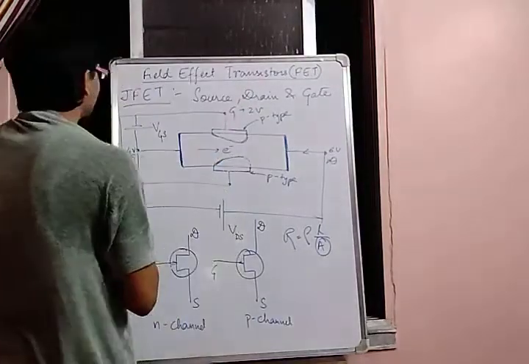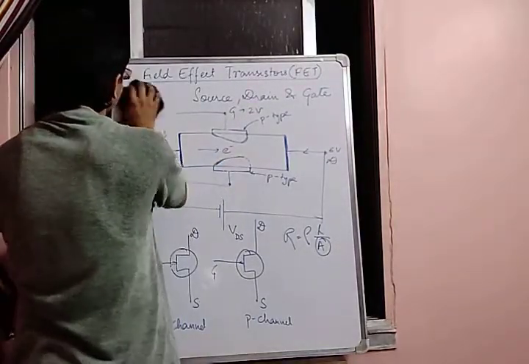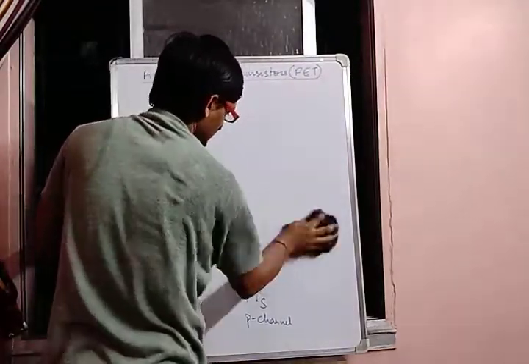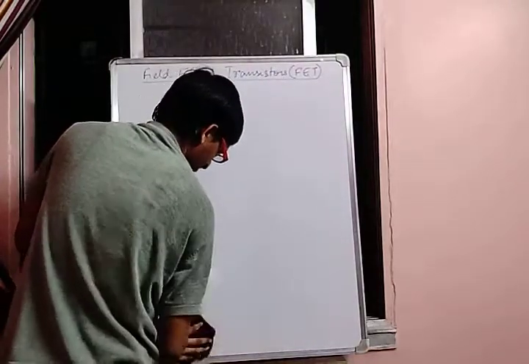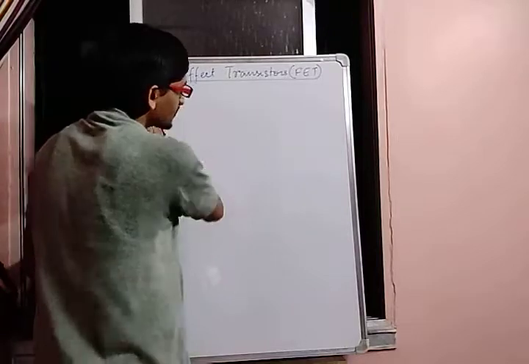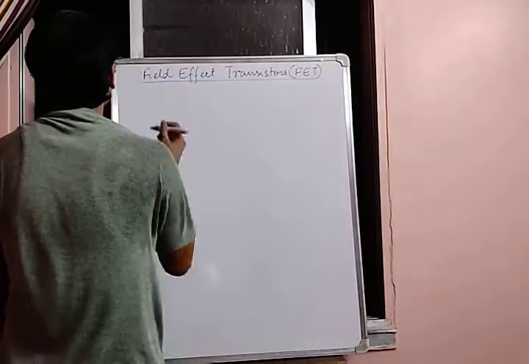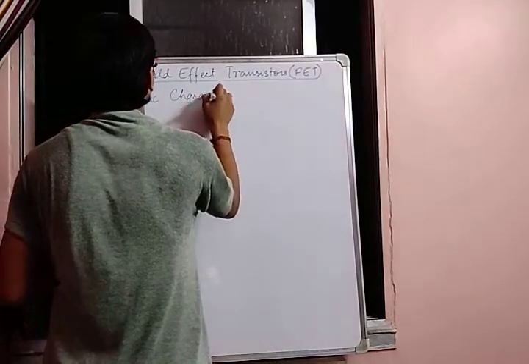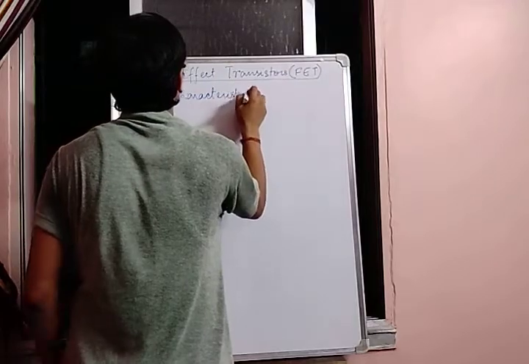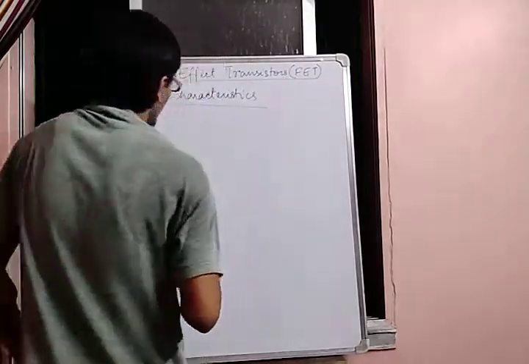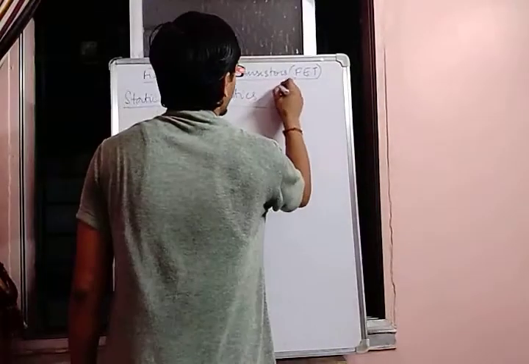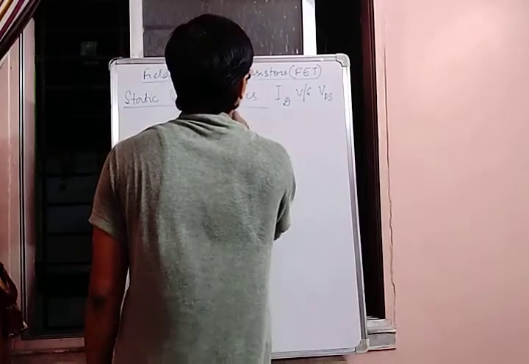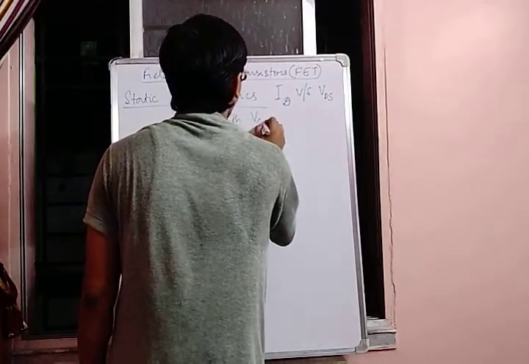Now, static characteristic of a JFET. So the static characteristic of a JFET is basically the plot of drain current versus drain to source voltage with gate to source voltage as the parameter.